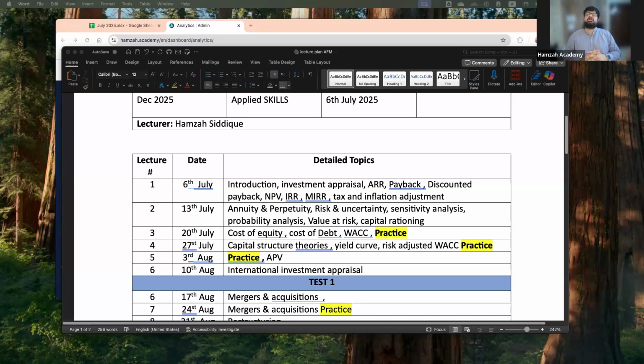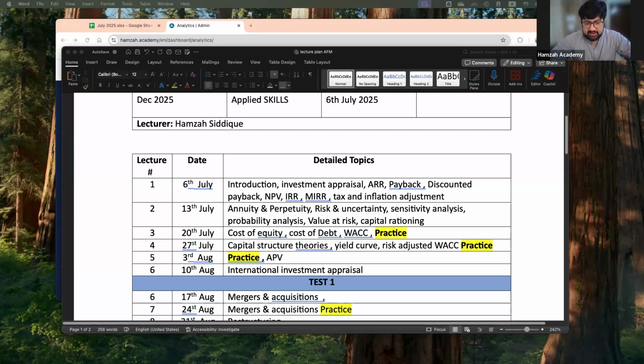A finance manager's role is to make the most of the available funds, generating maximum wealth for shareholders given the constraints of the funds. In single period capital rationing, the funds limitation is for only 1 period.